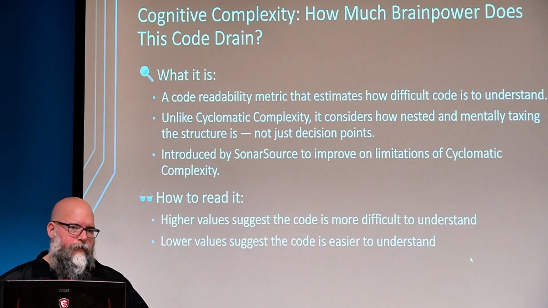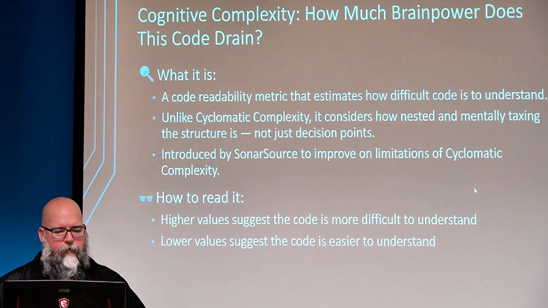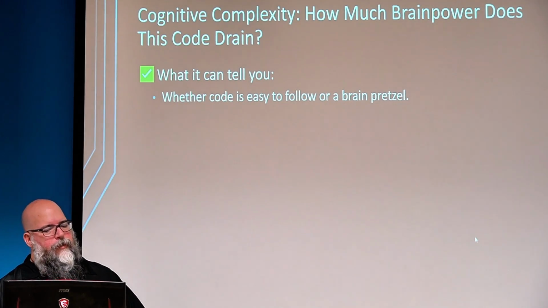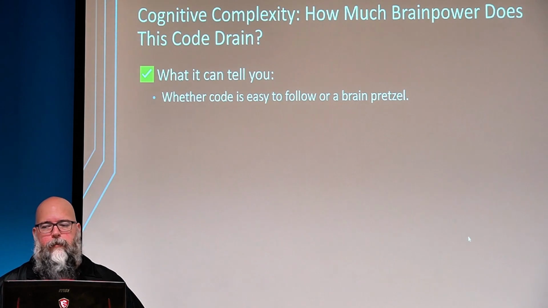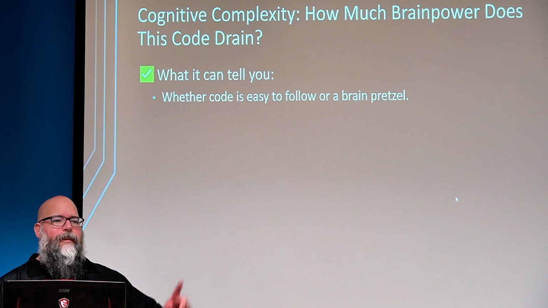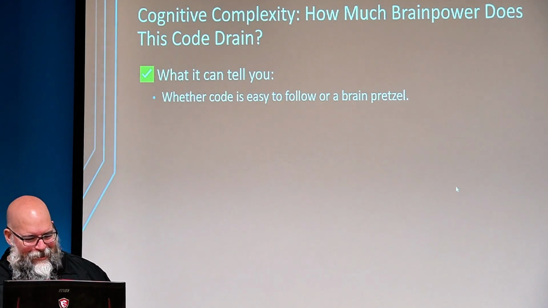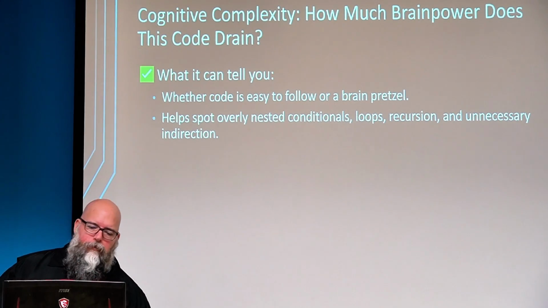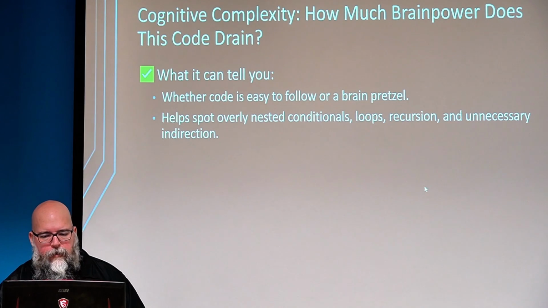Lower values, easier to understand. It's going to tell you whether the code is easy, or a brain pretzel, or you need to leave the company, in the case of the code metrics we're looking at. So it also helps point out some code smells.